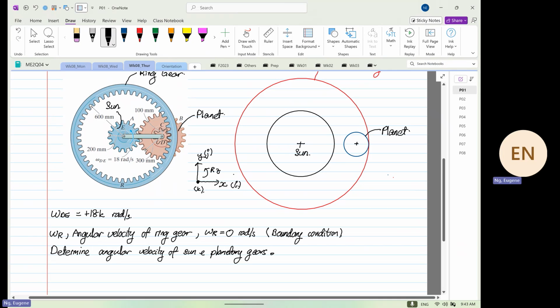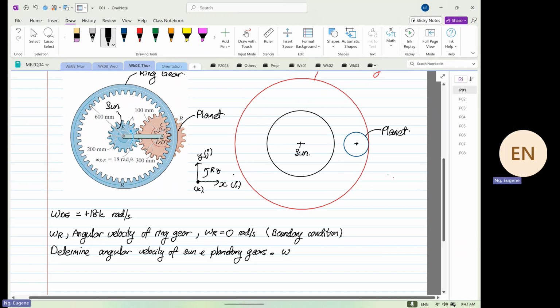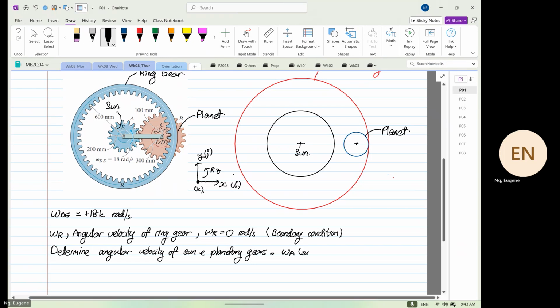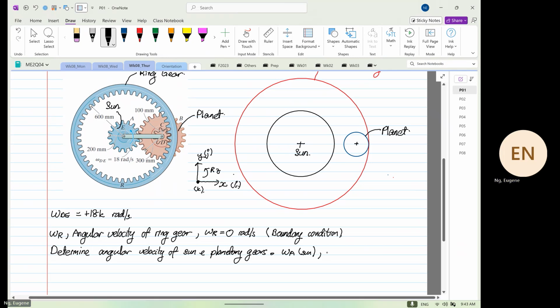To identify the sun, we have to determine our omega AE, or I call it omega A. Omega A over here is our sun. And the next one we have to determine is our omega B, which is the planet. So there are two things that we have to determine.